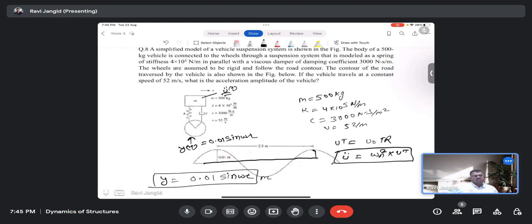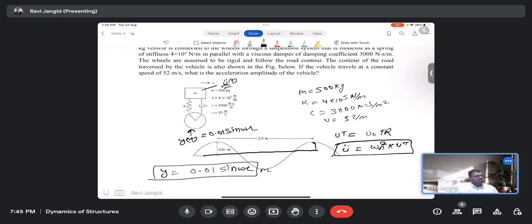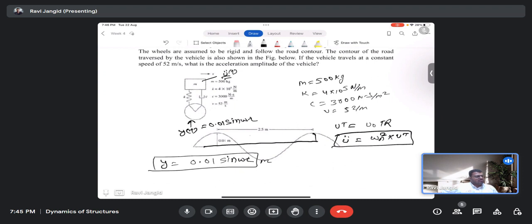For this, what is my forcing frequency first? The time period T_d, how much time it will take, the span is given as 2.5. So one cycle T_d is 2.5 divided by 52 seconds.